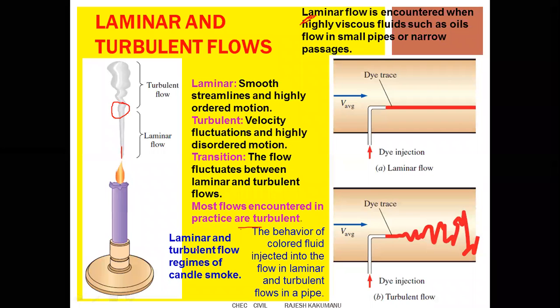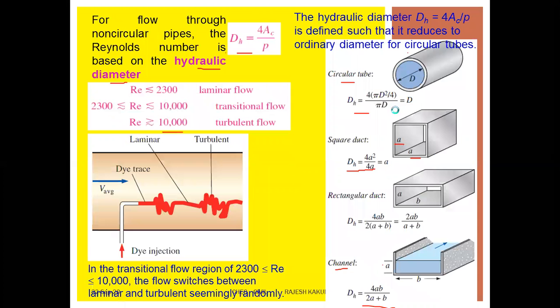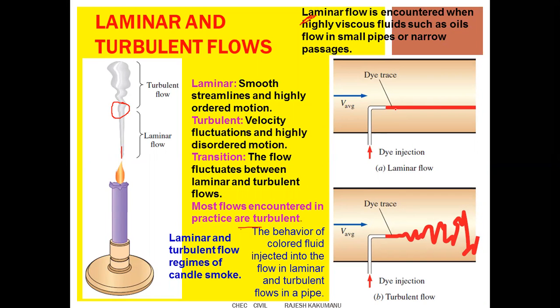Next, the laminar and turbulent flow regimes of candle smoke. So they are showing us an example like this for the gaseous form. The behavior of colored fluid injected in the flow in laminar and turbulent pipes in the fluid. So the same thing what you have seen in the last five case examples.